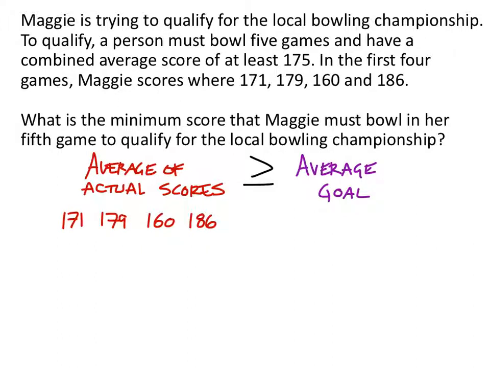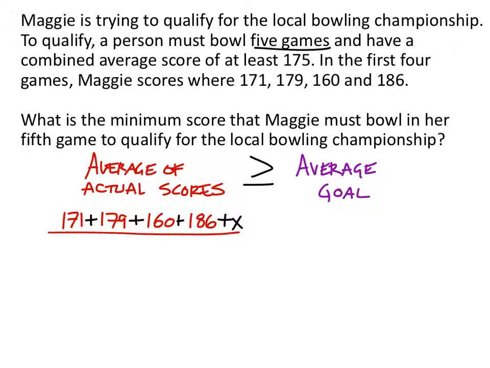Well, so far she's bowled these 4 games of 171, 179, 160, and 186. Now this is an average that we're taking, so we're going to add all these together. But there's a score that's missing in this one, right? That's just the first 4 scores, but she's bowling 5 games. So that's the one that we don't know, and we're going to add it in for the average.